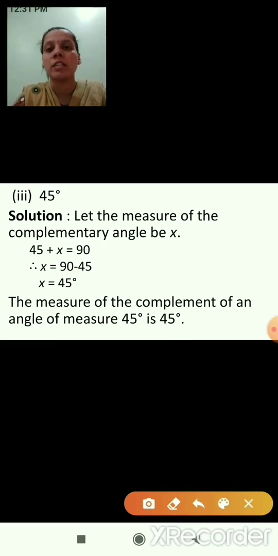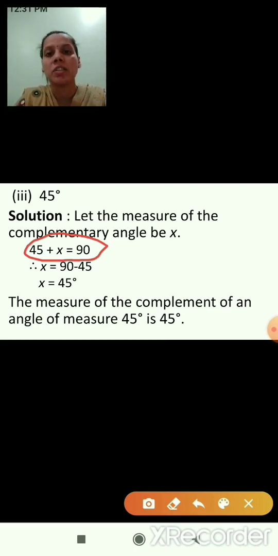So in the first step, 45 plus x is equal to 90 degree. The first angle is given, that is 45, and the second angle we consider as x. So 45 plus x is equal to 90 degree.